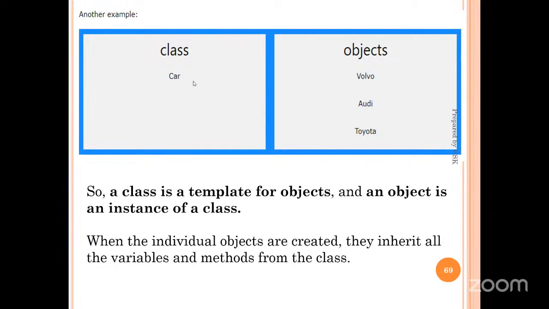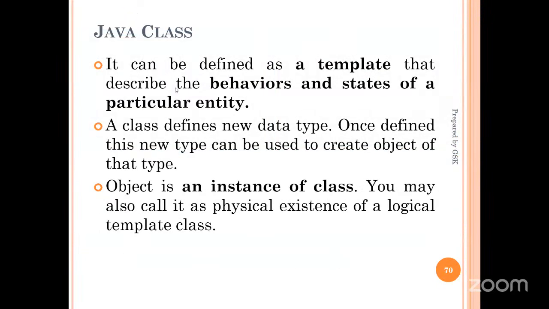So car is nothing but a template for objects. This is just like a form that is not filled, a form which doesn't have any data, an empty form. If you fill it, that becomes an object. Car is an outline, the word car. A Volvo car is an object that exists. Car does not exist, right? Car doesn't have a physical existence. But if you say Volvo car, that has physical existence, Audi car, physical existence, and so on. So this is about class and objects.